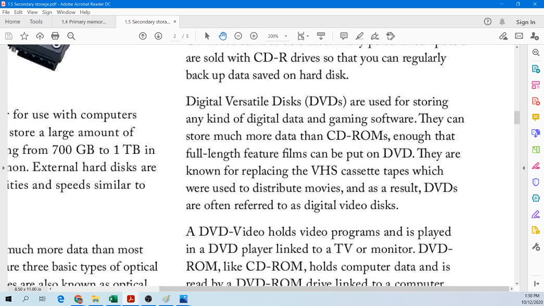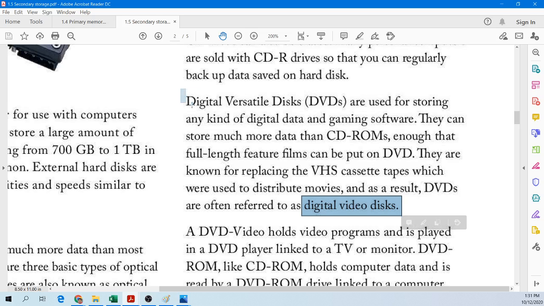So DVD stands for Digital Versatile Disc. Because it was used basically to replace the VHS cassette, which was used for video, some persons refer to it as a digital video disc, the term at the bottom here.